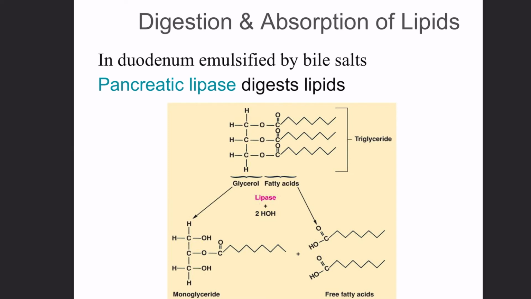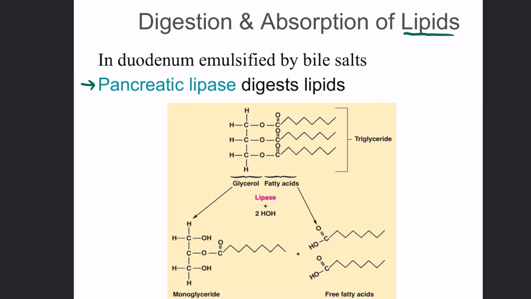And now for the digestion and absorption of lipids, where things are a little different. In the duodenum, thanks to the liver and gallbladder, we have our lipids emulsified by bile salts. What that means is they're going to take large globules of fats, lipids, and break them down into smaller globules so that the lipases they come into contact with have a greater surface area and are able to more easily digest these lipids.